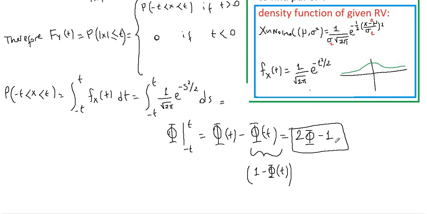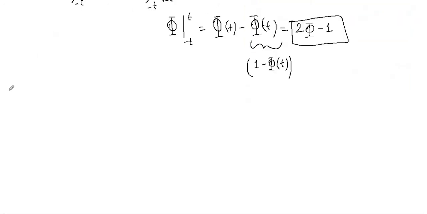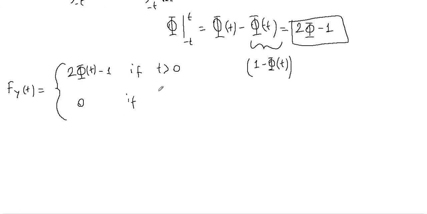So we can write the CDF of y as 2 phi of t minus 1 if t is greater than 0, and 0 if t is less than 0. Now we found the CDF of y.